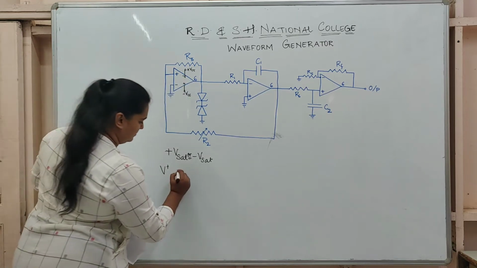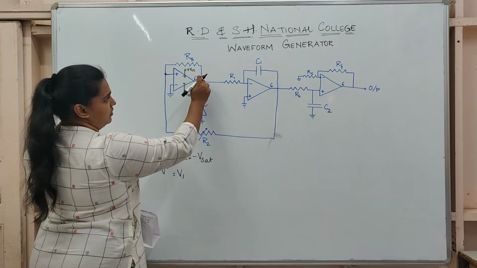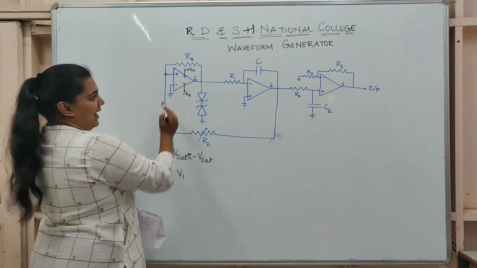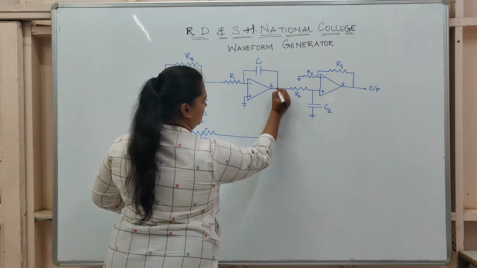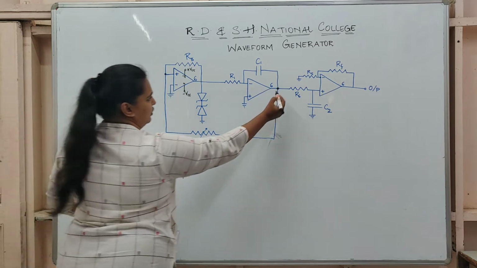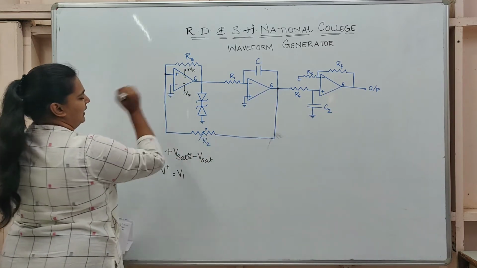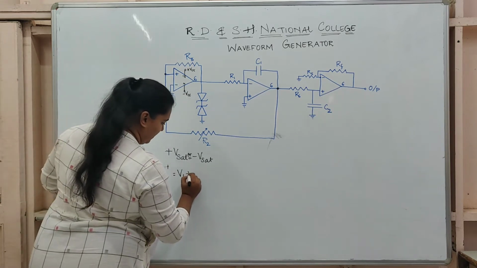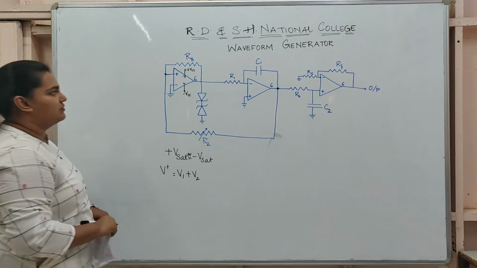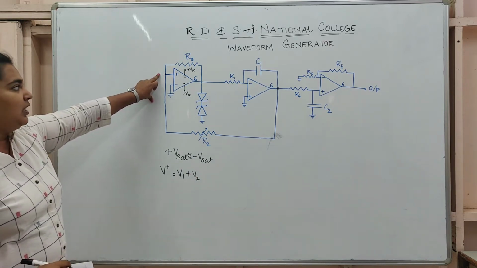So let's say the voltage here is V1 because of the first output, and the second one it gets as a feedback voltage from the second op-amp. The second op-amp goes via this resistance R2 and comes to the non-inverting terminal. So the summation of these two gives you the input in op-amp number 1.